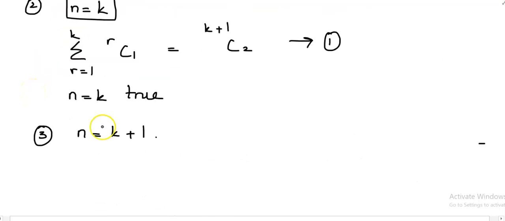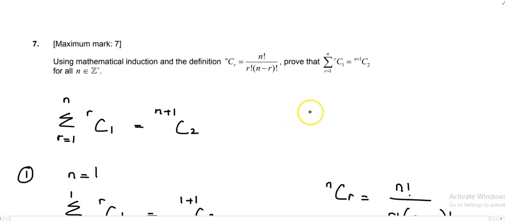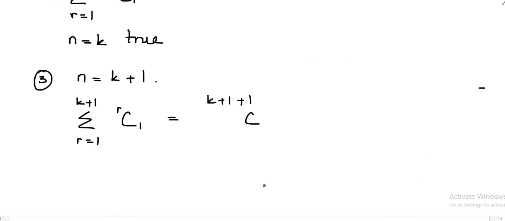It is given as the sum from r equal to 1 to k plus 1 of r combination 1, and on the right hand side k plus 1 plus 1 combination 2.